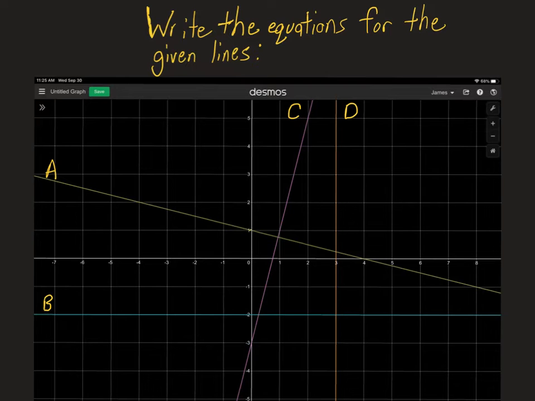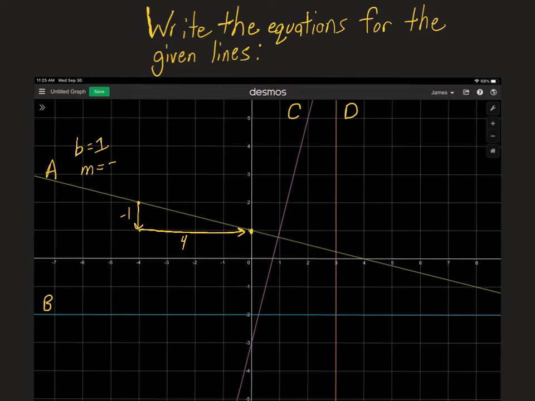This first line crosses right there at 1, which means the b value, or the y-intercept, is at a value of y equals 1. And then our slope for this one, just pick a place where it crosses here and right there, which means I'm going to have to go down 1 and over 4.